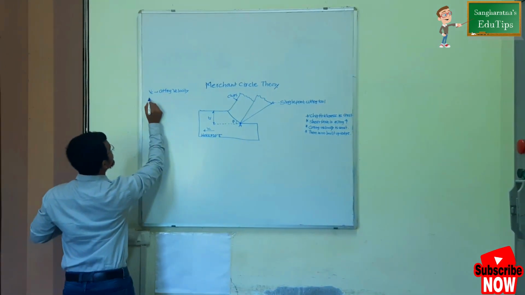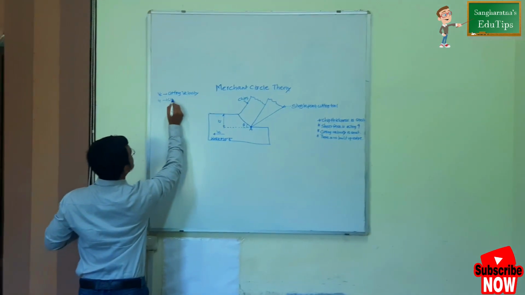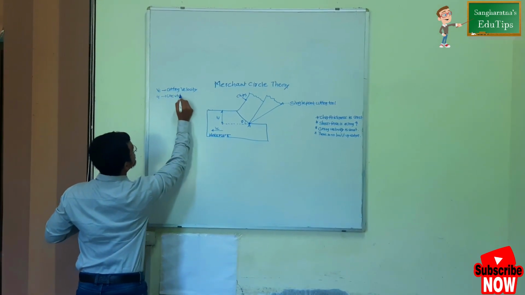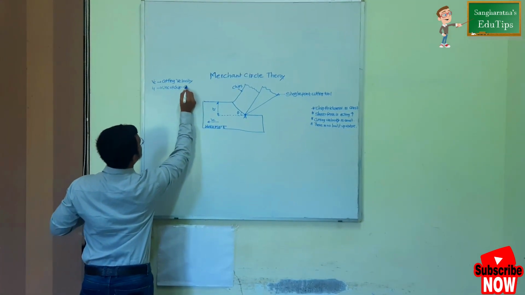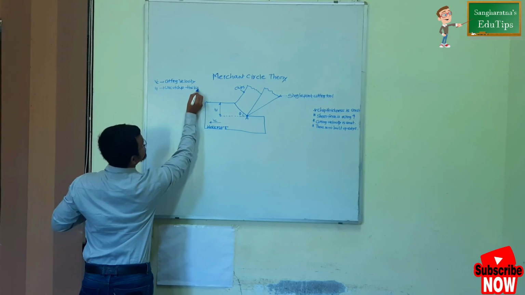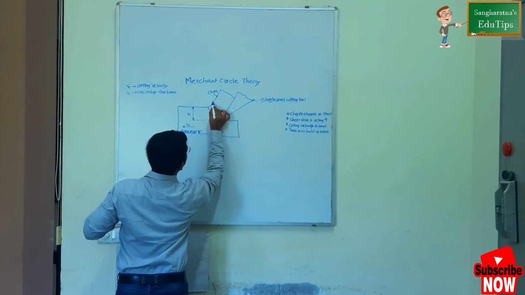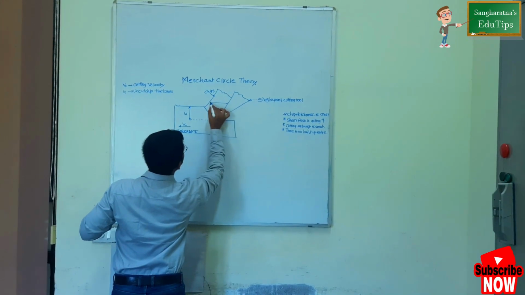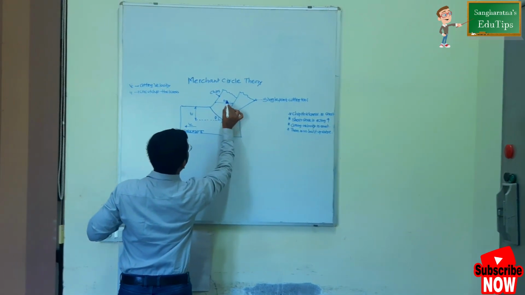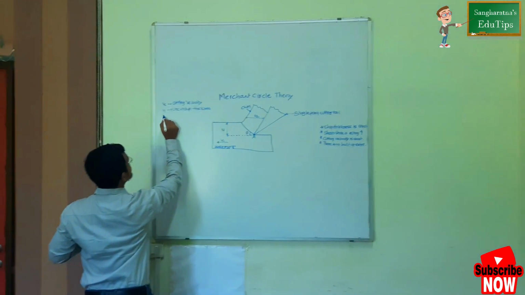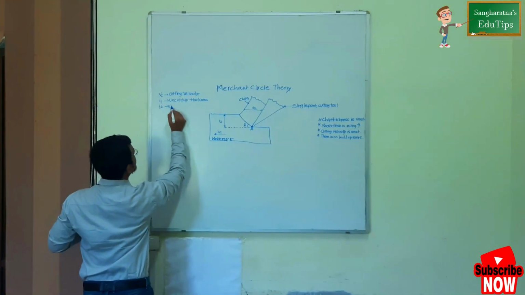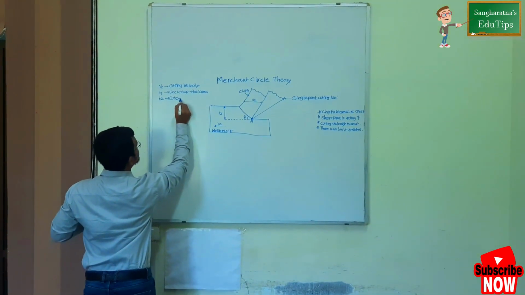Here we call T1 the uncut chip thickness. This is the dimension of the cut chip thickness, denoted by T2. So T2 denotes the cut chip thickness.